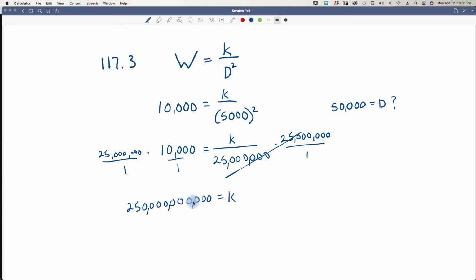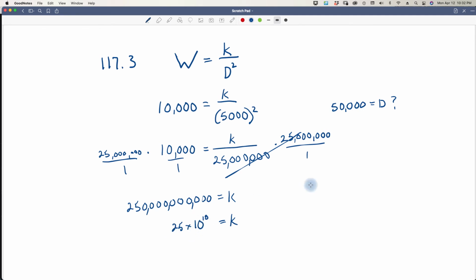So that'll be 25 times 10 to the 10. That's what equals K. And you can do that. When you have a big number, use scientific notation so that it reduces what you have to write and what you have to calculate each time.